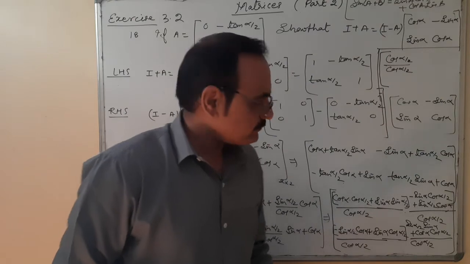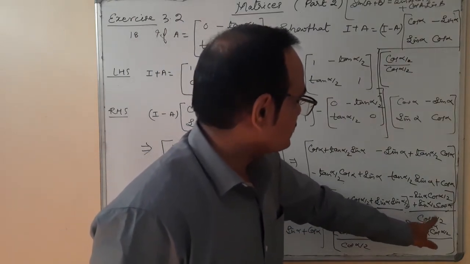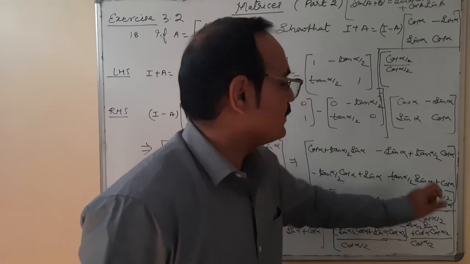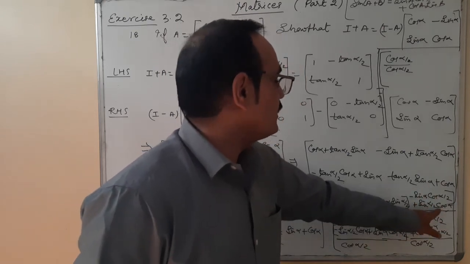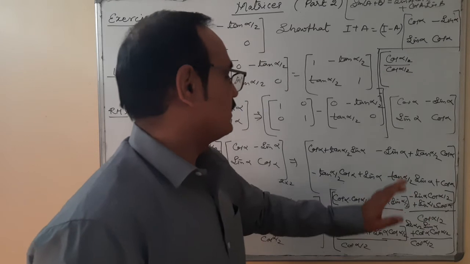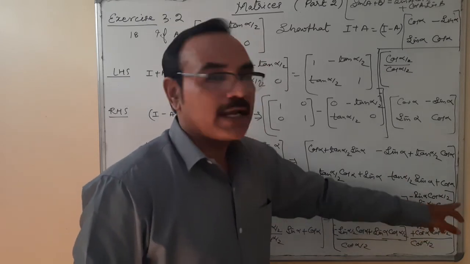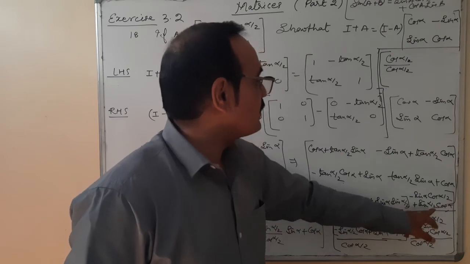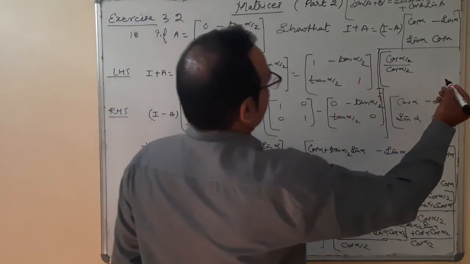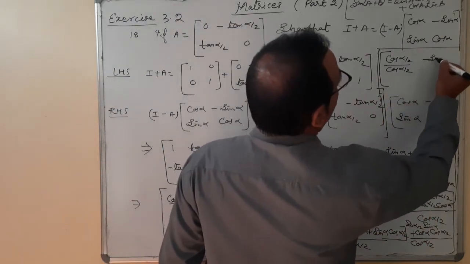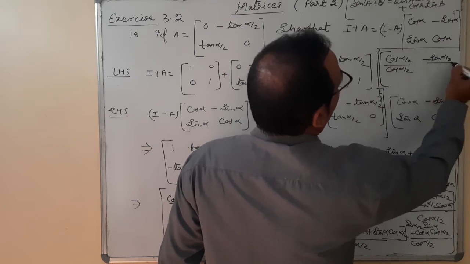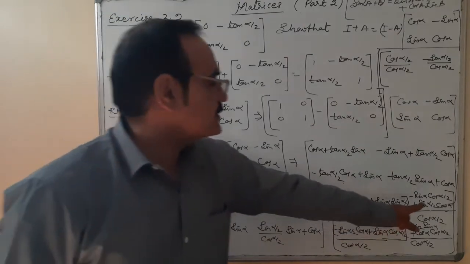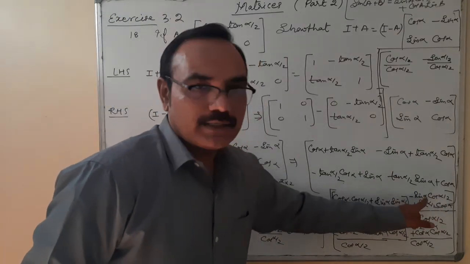Second, here it is sin A cos B minus cos A sin B. Sin alpha by 2 minus alpha. So what is coming? Minus sin alpha by 2. So I write here minus sin alpha by 2 upon cos alpha by 2.